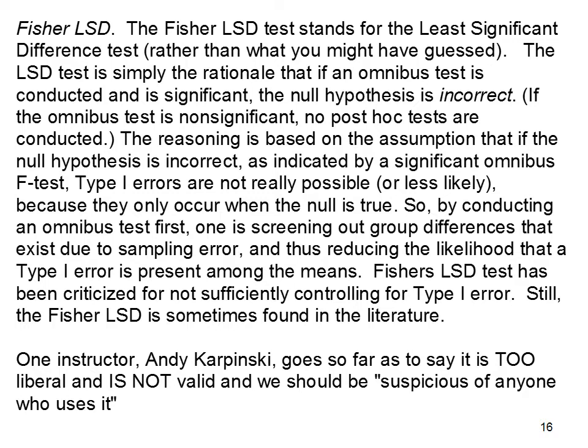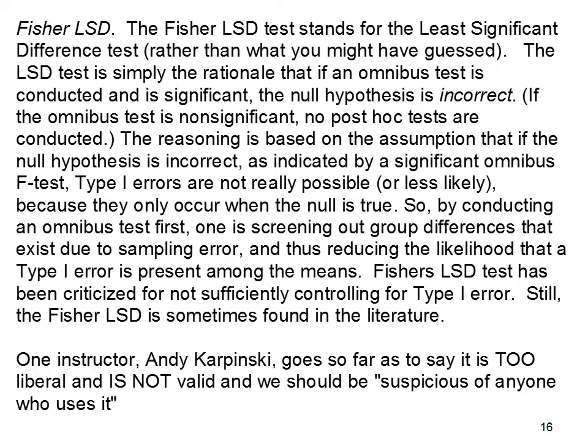If the omnibus test is non-significant, no post hocs are conducted. Since type 1 errors are conditional on the null hypothesis being true, this test takes the position that there is no type 1 error because the omnibus test proved, in quotes, that the null hypothesis is false.